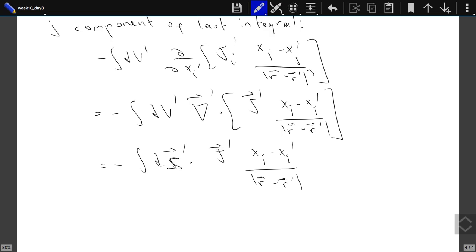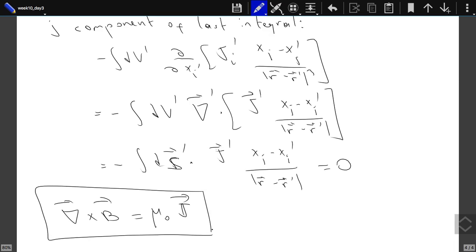But at infinity, there are no currents. So this is also 0. Which completes our proof that the curl of B is equal to mu0 times J. This will always be true for the magnetic induction field.